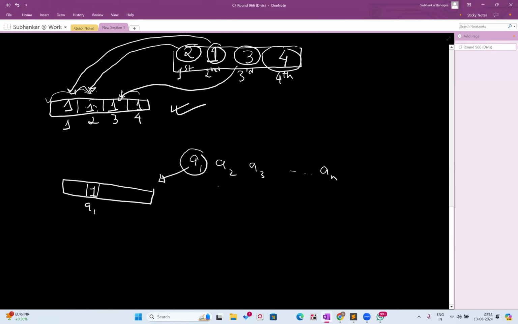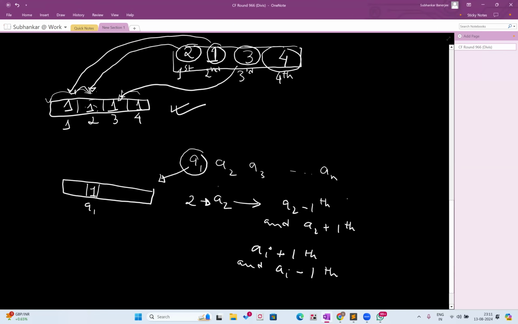And when A2 comes, the second passenger wants to go to the A2 seat. So I'll check whether the A2 minus 1th seat and the A2 plus 1th seat are occupied. Actually, for the general term, it should be the AI plus 1th seat and the AI minus 1th seat.